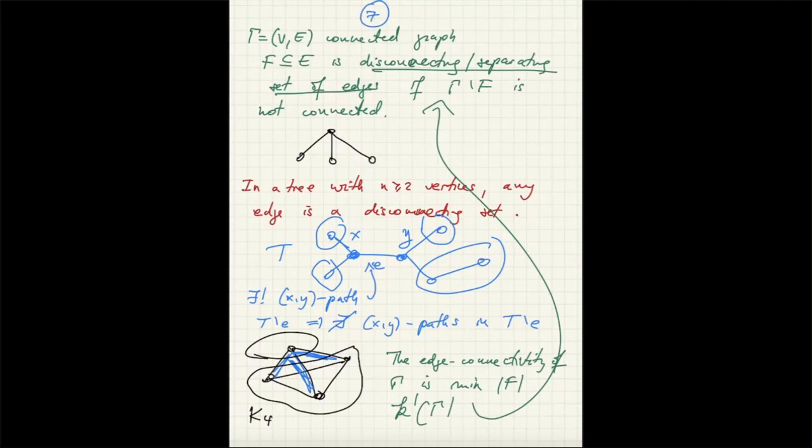And for the complete graph, it's easy to see that k prime of Kn is n minus 1. The cheapest way to disconnect is just delete all the edges incident with a vertex. And for a tree, we did it already, k prime of T equals 1 if T is a tree with at least 2 vertices.